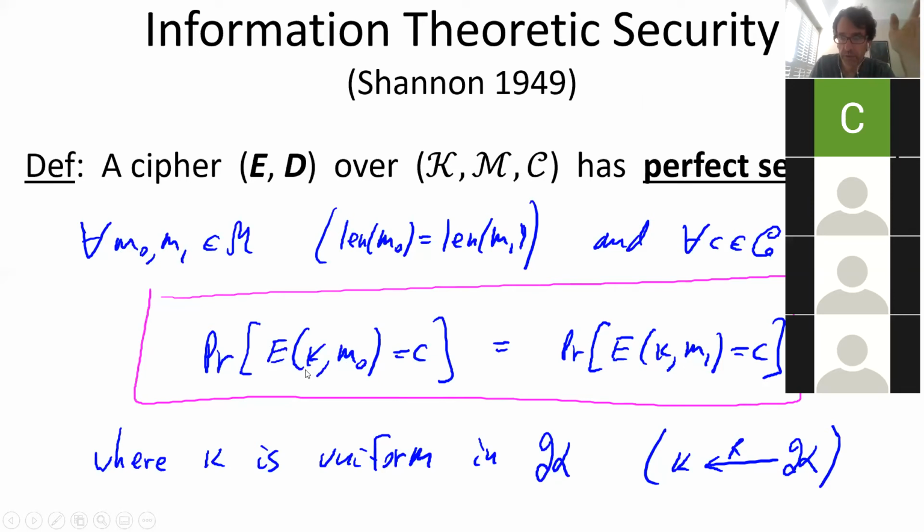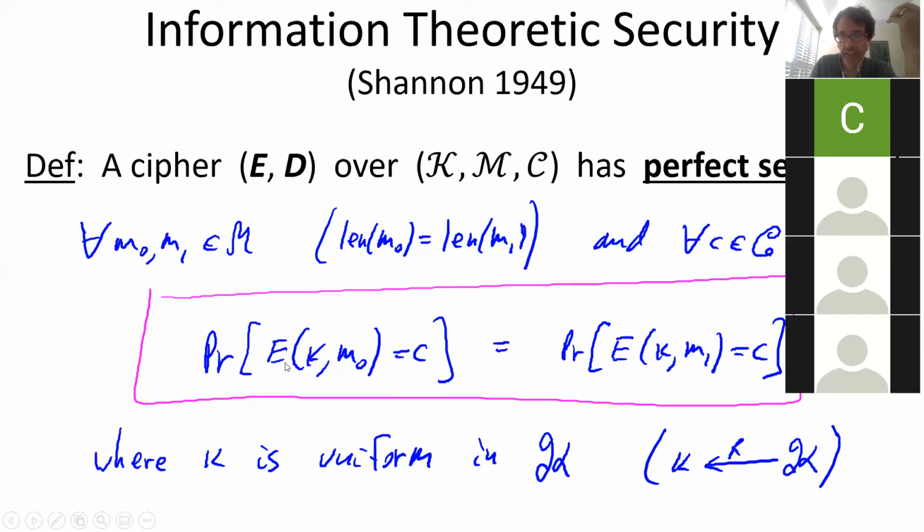And where does the probability go over? Random keys. Once I have randomized encryption, it will also go over a second layer of randomness, which is randomness of algorithm E. But think for now, these are deterministic algorithms, so the only randomization is over keys.